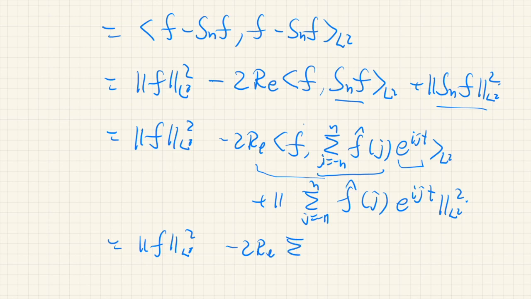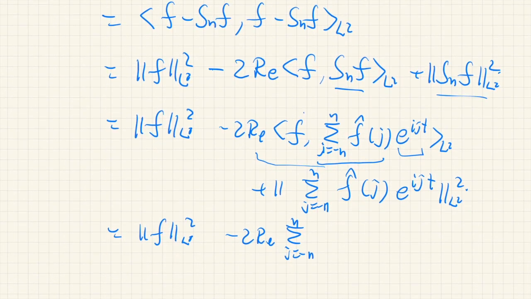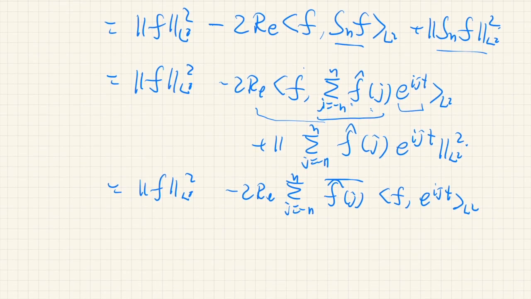So minus 2 Re of the sum over j from negative n to positive n. Here, if we take the coefficient from the second place, then we have to make it complex conjugate, right? And the inner product of f and e to the ijt in L2.